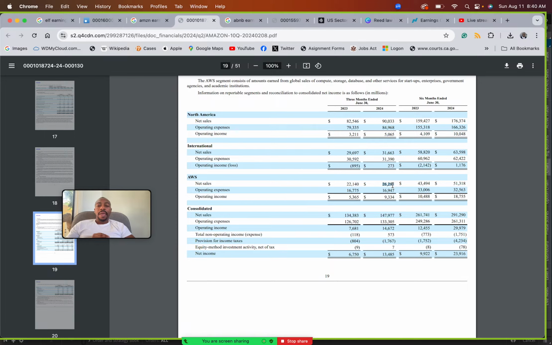So AWS is kind of like the picks and shovels for everyone who's trying to create AI technology. They're running it off of AWS or Azure or something like that, but AWS is in the lead. Everyone is using AWS for their cloud infrastructure. You'd be surprised, a lot of these cloud-based companies like Dropbox and whatnot are running their servers off of AWS or Azure or something like that.